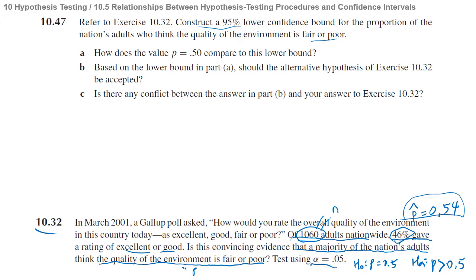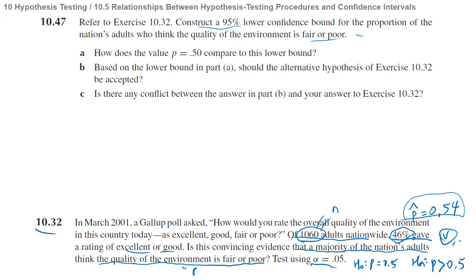I will skip the proof of 10.32. Do it yourself, and I will move on to 10.47 again. Construct a 95% lower confidence bound for the proportion of the nation's adults who think the quality of the environment is fair or poor.